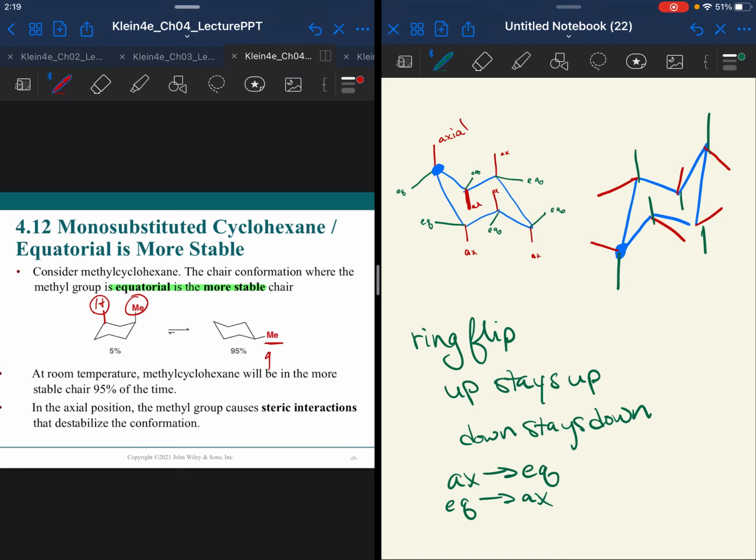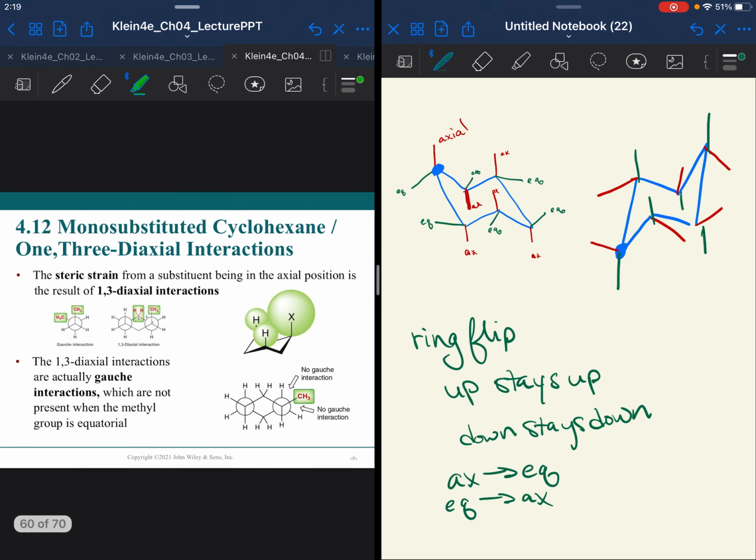There's the same methyl group, but in this conformation, that hydrogen's poking out over here somewhere. This is a steric interaction, and very specifically, it is called a 1,3 diaxial interaction. It's called 1,3 because that's the spacing, not necessarily the numbering for the name, but that's the spacing.